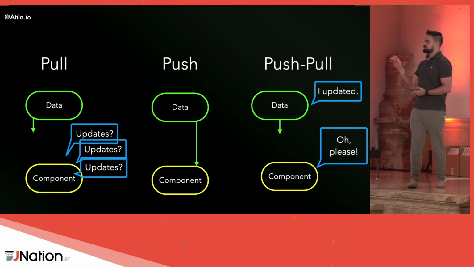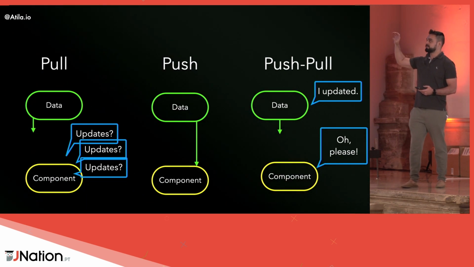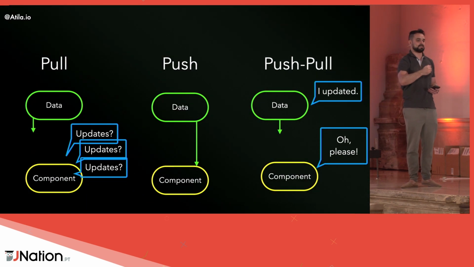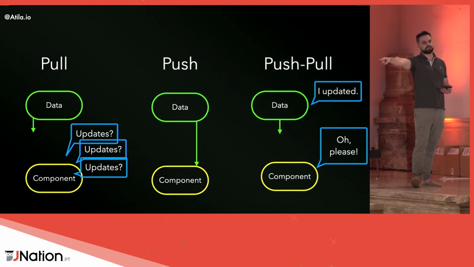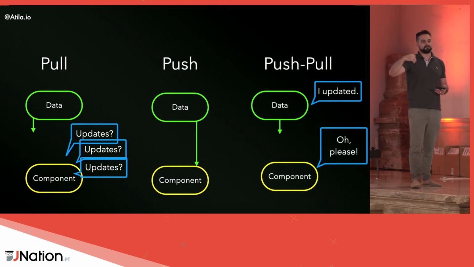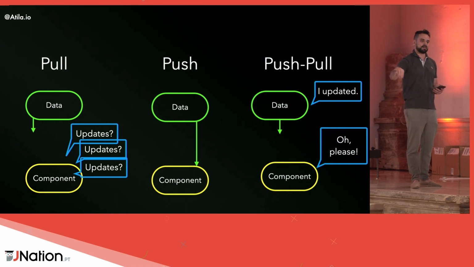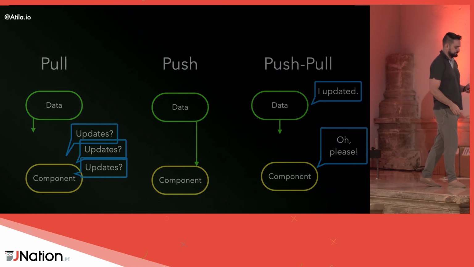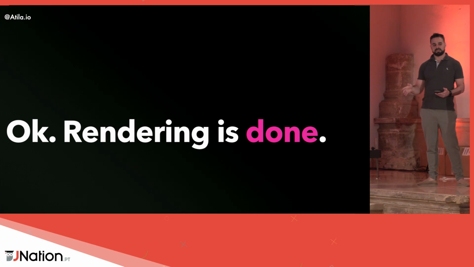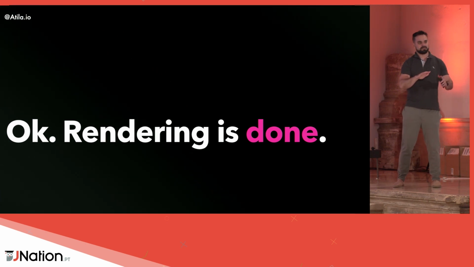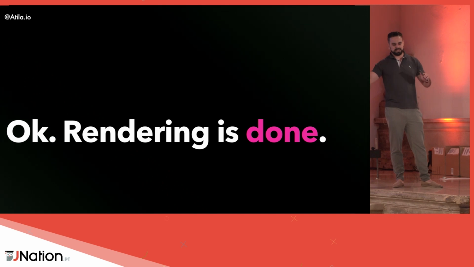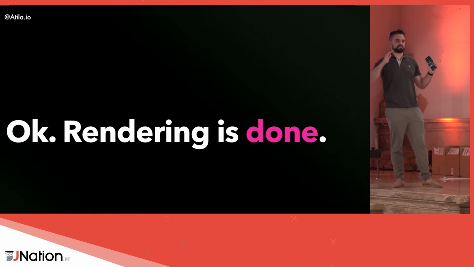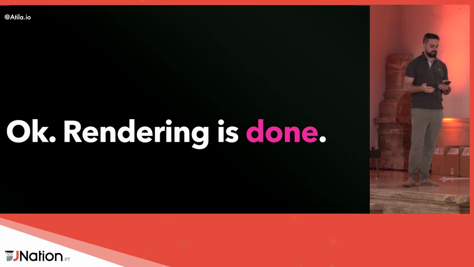So it is a mix of them, because there is a subscription model where the data says, I know who needs me, and I need to tell them to re-execute. And then they re-execute only that particular part of the data that got updated. OK, rendering is done. You know the main heuristics of rendering stuff on the browser, and now you can make your choice.